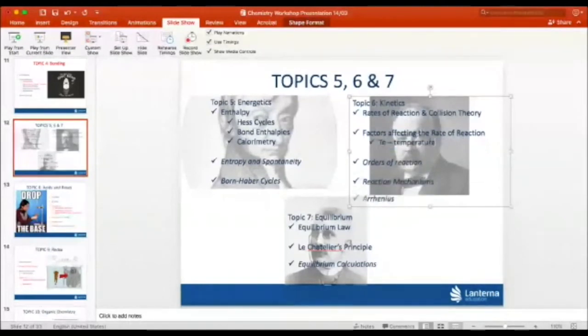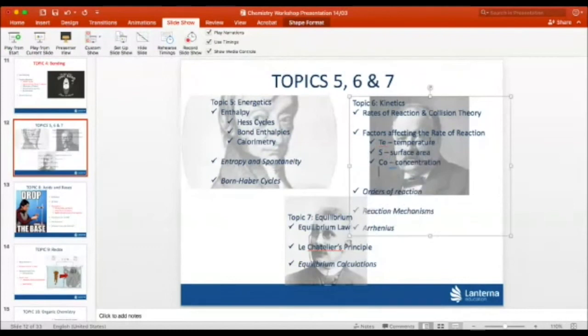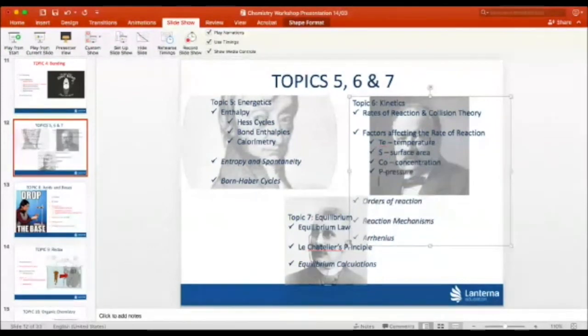S is for surface area. CO is for concentration. P is for pressure. And CAT is for catalyst. So Tesco PCAT, so you won't forget anything. That's basically all there is to it. It's just to remind you of all the possible factors.